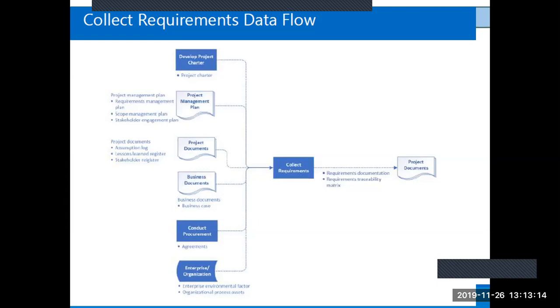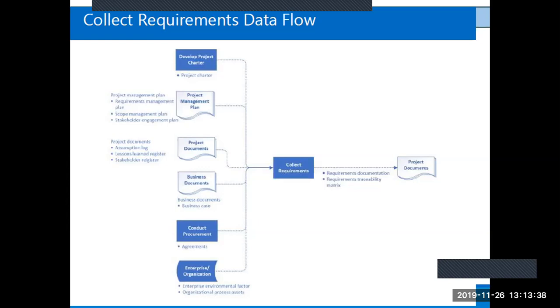All right, so we look at the inputs here. The project charter comes in. We have the project management plan also coming in to collect requirements, because the project management plan has the requirements management plan, which we already identified under plan develop project management plan.